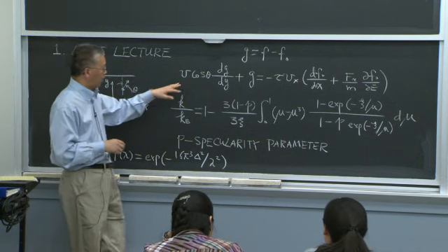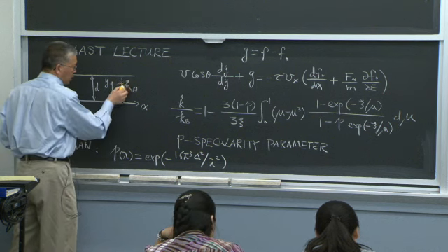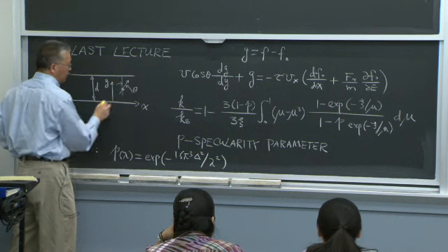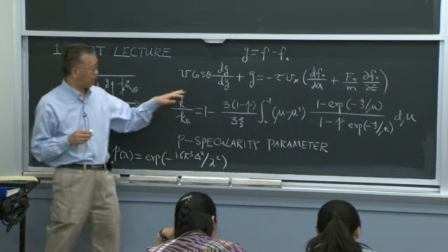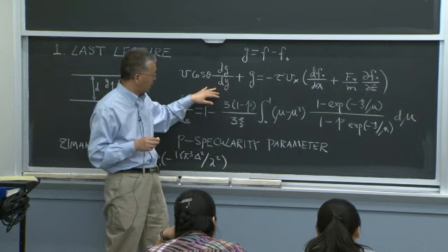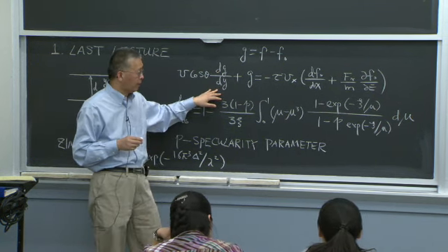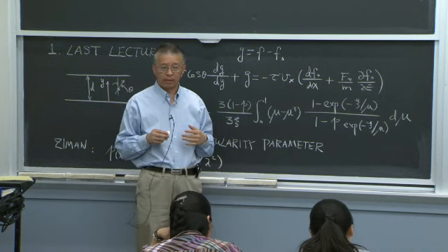So we have v cosine theta, which is the actual direction of the photon propagation, so on the left-hand side is a function of y, and on the right-hand side is a function of x, right?